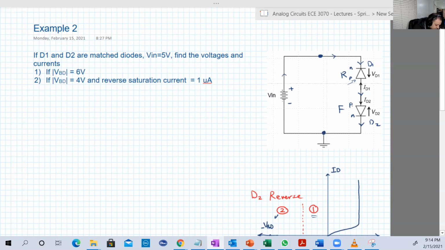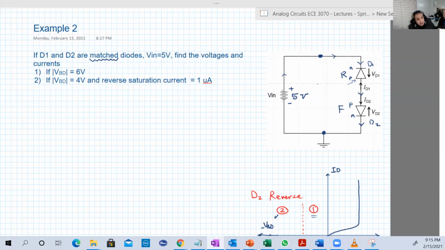In that circuit, these two diodes are matched, which is mentioned here. It has a meaning. And this V input is fixed, equal to 5 volts. Matched diodes, or matched transistors, or any two matched elements, means that they are identical: same geometry, same material, silicon, same characteristics, everything is the same.